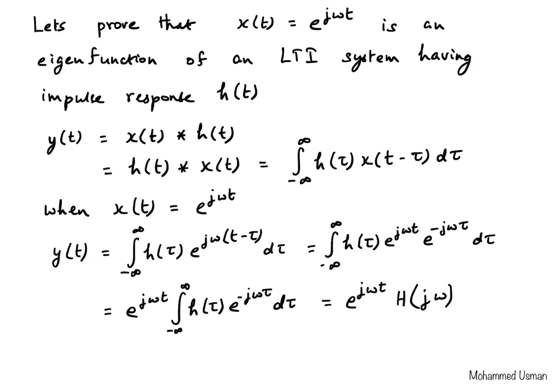We can now write that as our convolution integral: h of t convolved with x of t is the integral of h of tau x of t minus tau d tau. Now we know our x of t is e power j omega t. So for x of t minus tau, in place of t we are going to put t minus tau when we substitute in this integral.